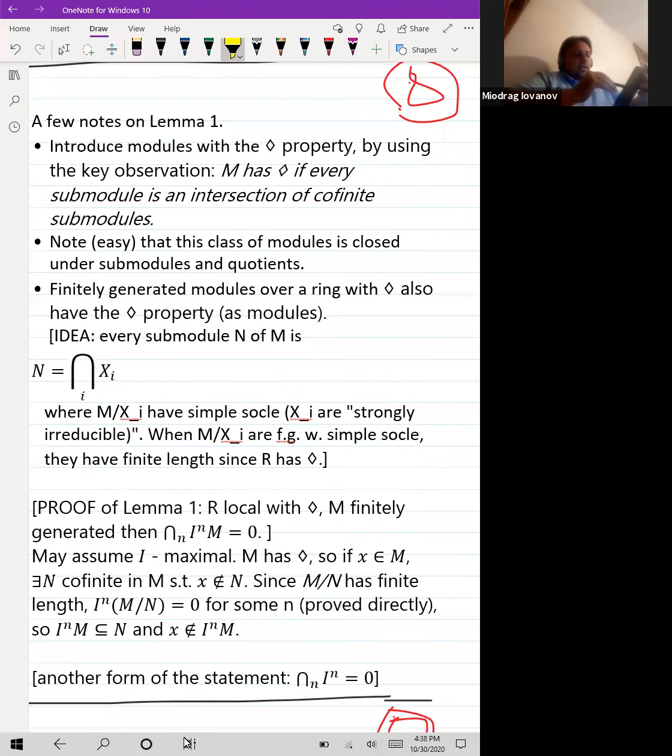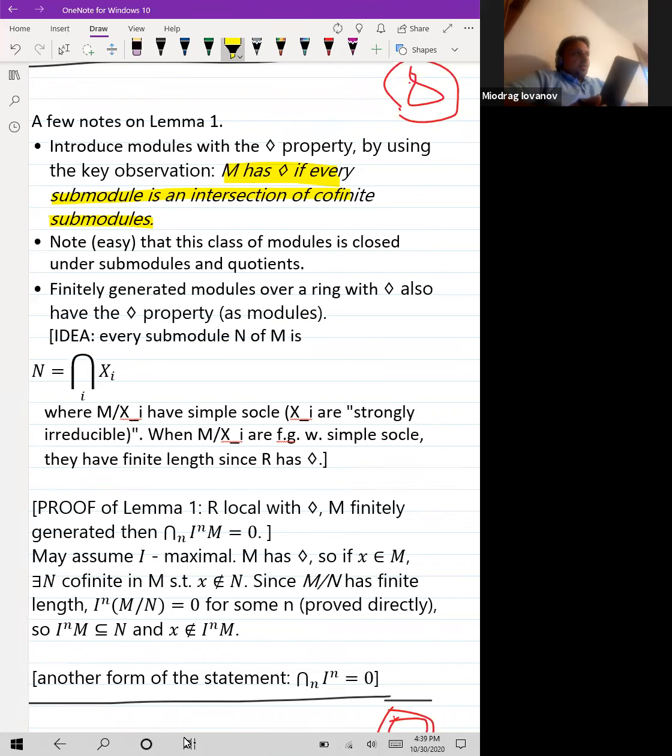So you would say that M has the diamond property if every submodule is an intersection of cofinite submodules. You just declare this to be the diamond property for a module. Then, of course, the first thing you would ask is what the properties of this thing are: closure under submodules, quotients, direct sums, extensions. And it's easy to see that it's closed under submodules and quotients.